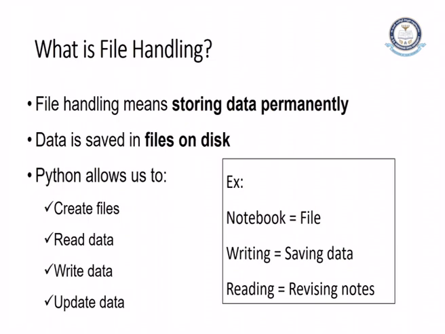Okay. Then, how to implement this files concept in Python? Generally, while we are working with the files concept, we may implement these types of functions or actions. What are those? Create the file, read the data from the file, write the data into the file, update the data. These are the general operations we implement in the files concept.